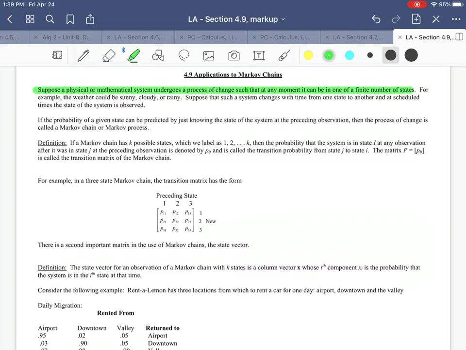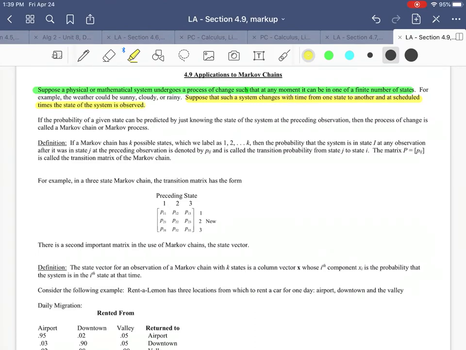The next thing is, suppose that such a system changes with time from one state to another, and at scheduled times, the state of the system is observed, like at the beginning of every day.